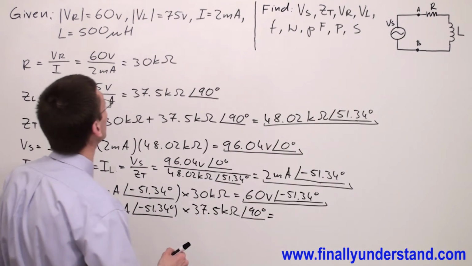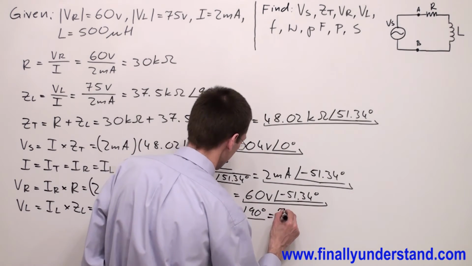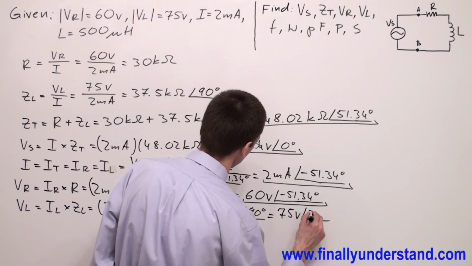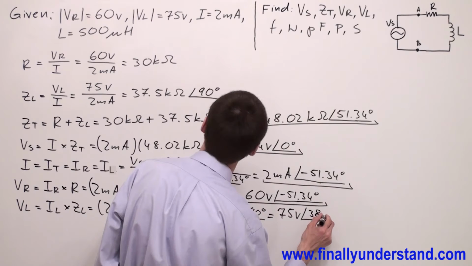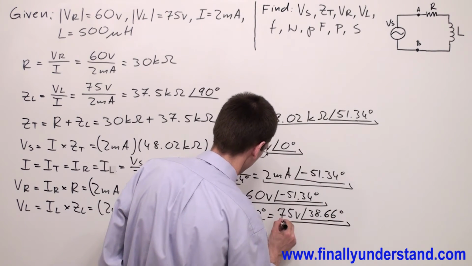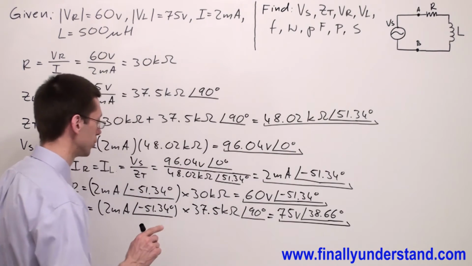This is equal to 75 volts and angle of 38.66 degrees. This is my voltage across the inductor.